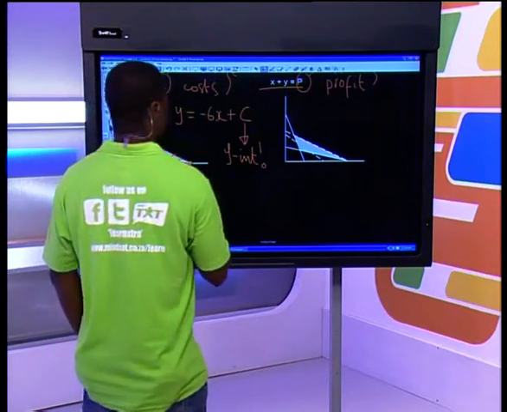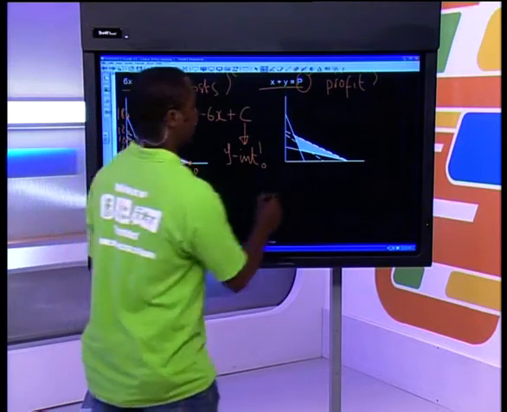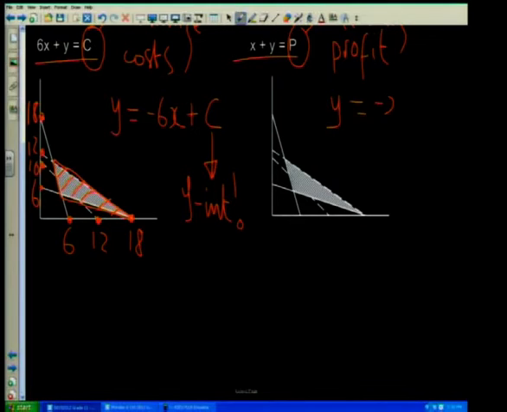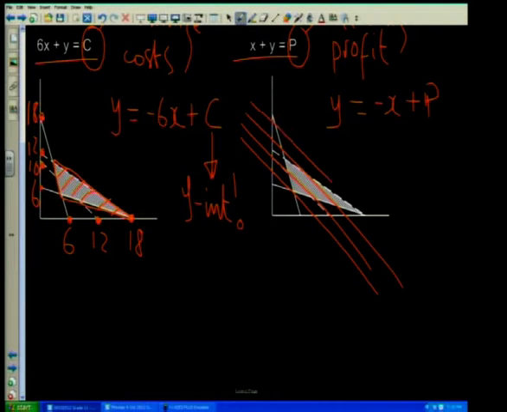So in this case, let me use the profit on the other side. I would say y equals minus x plus p, for instance. Now, the slope of this line will definitely, okay, it could actually be such that you've got lines that are parallel, like that, where you've got profit equal to 0.